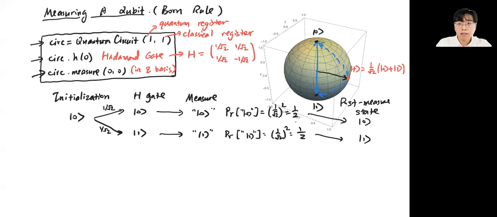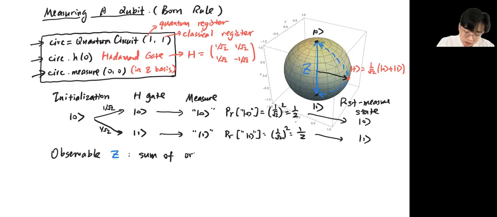And there's a more formal and mathematical way of writing down this measurement process. We can write down the measurement basis as an observable, and observable Z for measuring the Z basis is defined as a sum of orthogonal projectors. In our example, we have two projectors, one for 0, another one for 1.